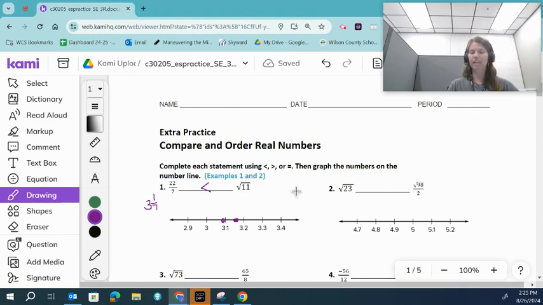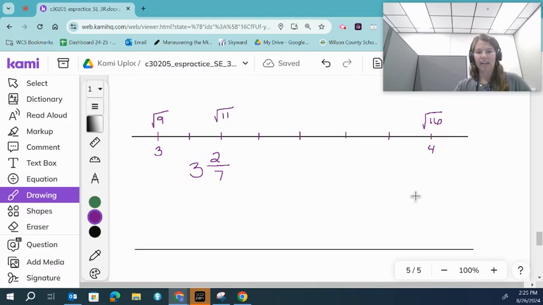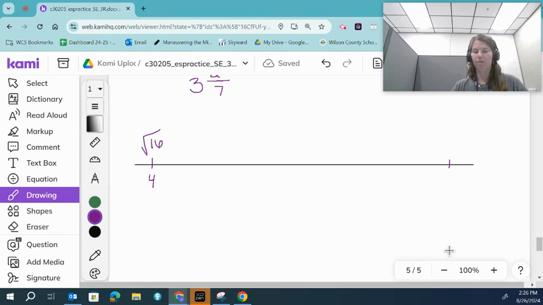Okay, now let's take a look at number 2. Let's do this again. So we have the square root of 23. Again, I'm going to drop down and use a number line here. Again, this is no calculator, okay? So I have the number 4, which is the square root of 16, and the number 5, which is the square root of 25. The square root of 23 falls between these two numbers.